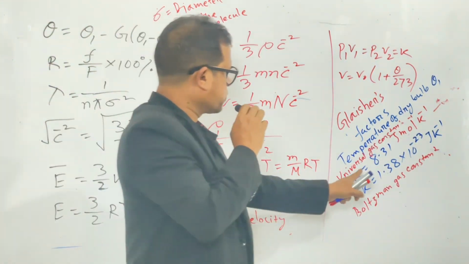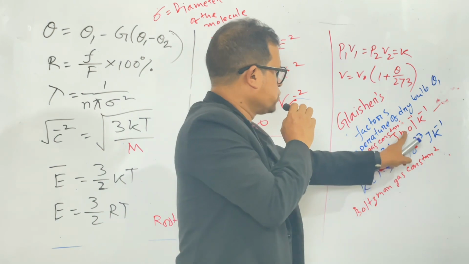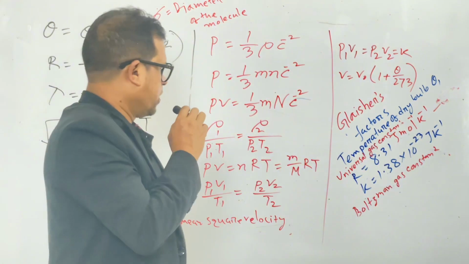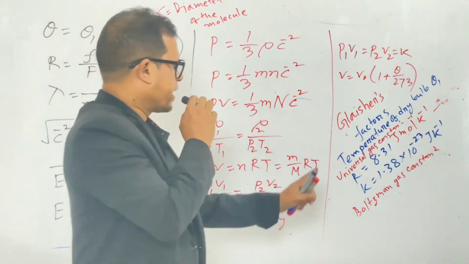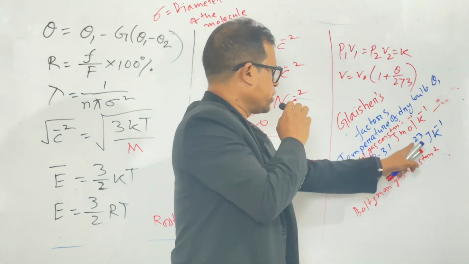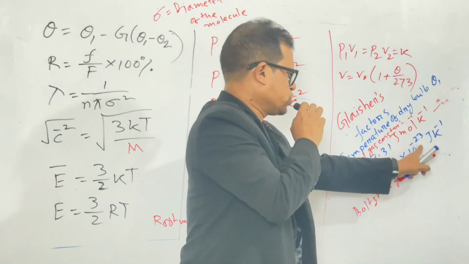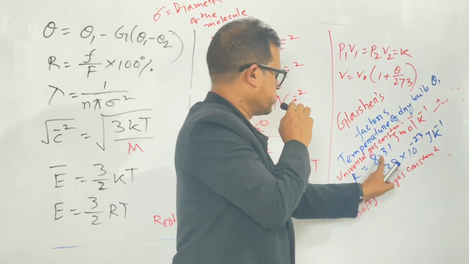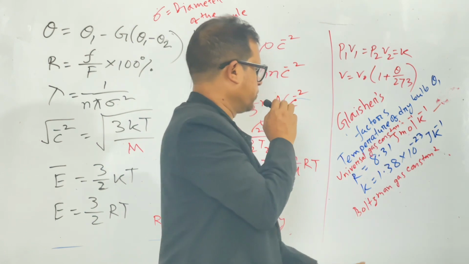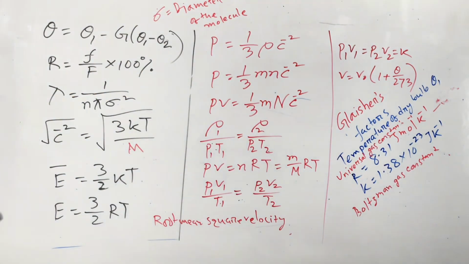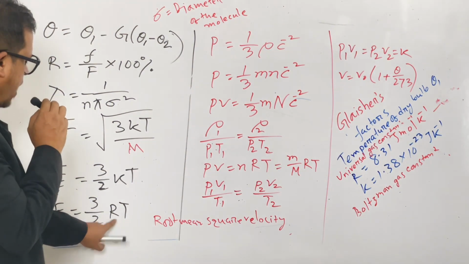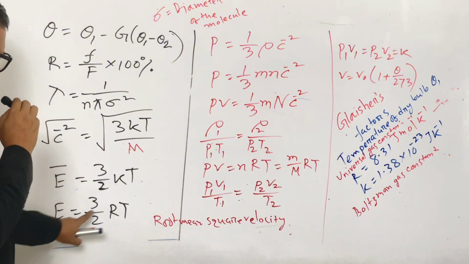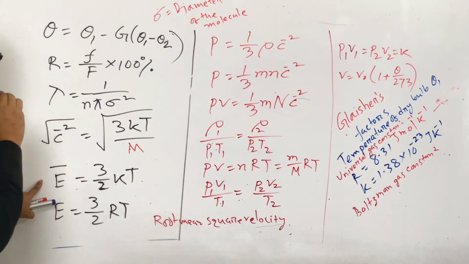Again I say, R equals 8.31 joule per mole per Kelvin, but the Boltzmann constant is in joule per Kelvin and its value is 1.38 times 10 to the minus 23. Try to understand the difference between these. When you get R and T, or k and T, you can find out the energy.